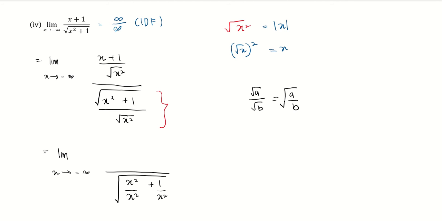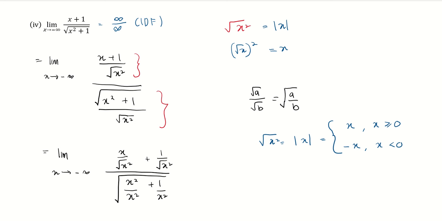For the numerator, we divide each term by the square root of x squared. So x is divided by the square root of x squared, and 1 is also divided by the square root of x squared. We know the square root of x squared is actually modulus x, the absolute value of x, which has two values: positive x for x greater than or equal to 0, and negative x for x less than 0.